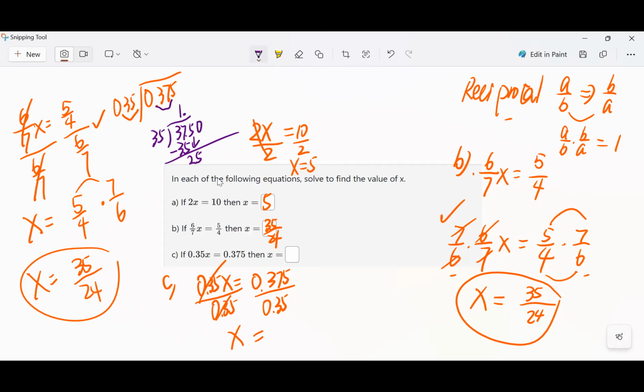Because 35 doesn't go into 25, so 0 times. Now bring down another 0. Now 35 going into 250, that's going to be 7 times. 7 times 5 is 35, 3 times 7 is 21, and 3 is 24. There's a remainder of 5.